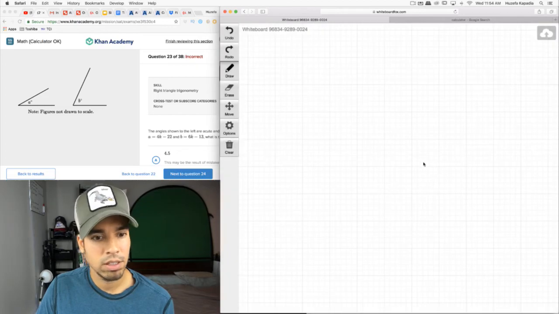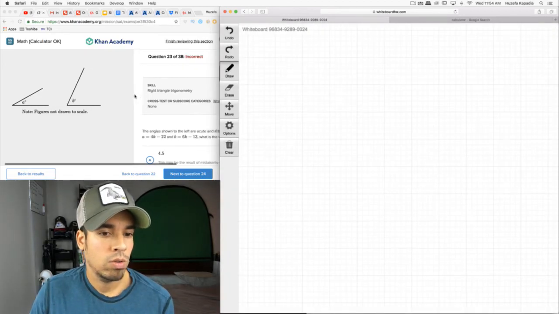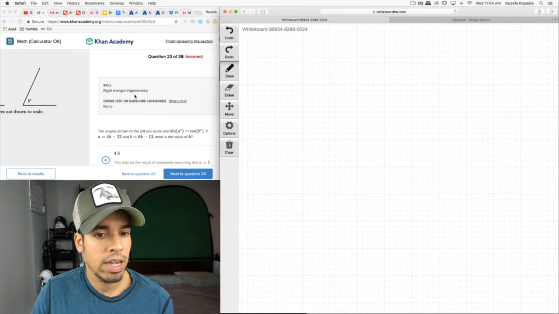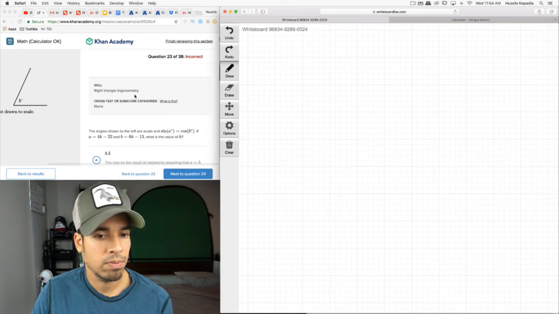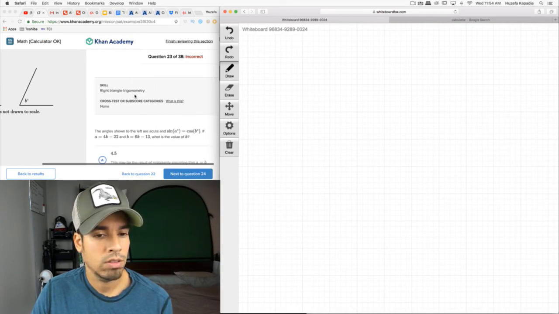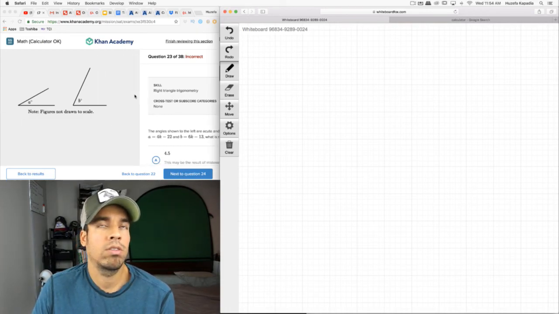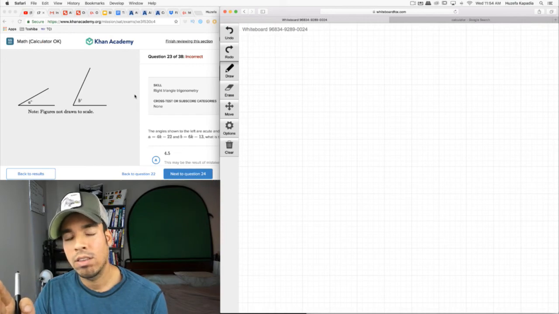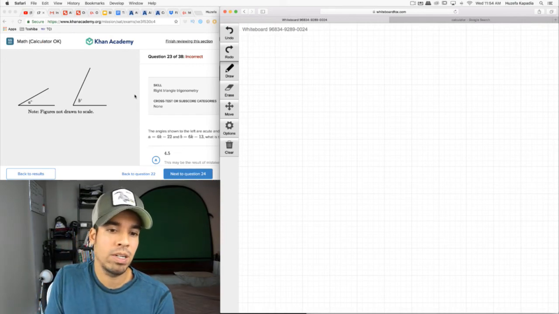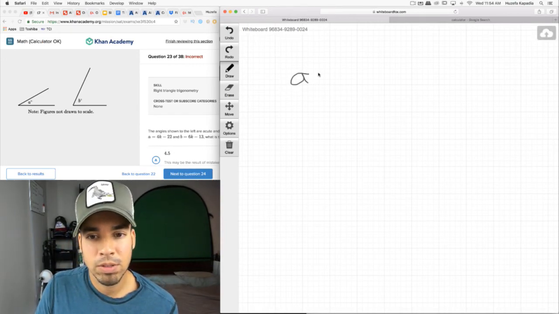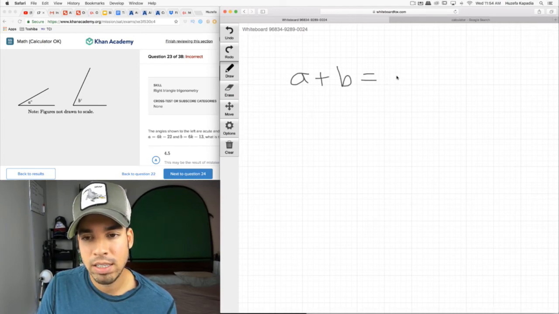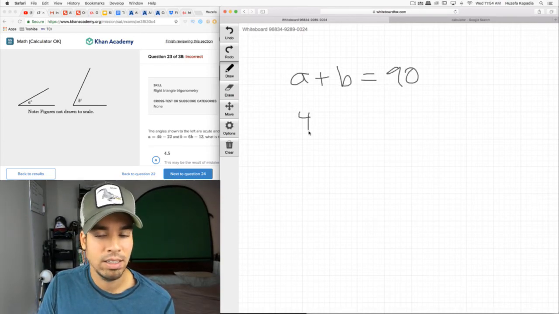That's crazy. Okay, so this one said sine of A equals cosine of B. That means they're not supplementary, they're complementary. That's where I made a mistake. I said A plus B equals 180. A plus B equals 90. Oh, man.